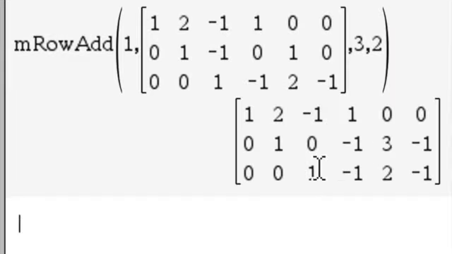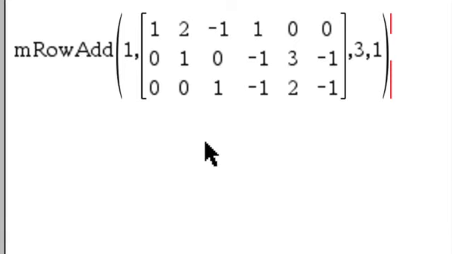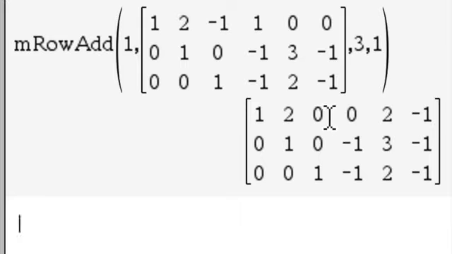As I do that, I get my 0 right there, and now I'm going to go after this one. To clear this one out and make it 0, I'm going to add row 3 and row 1. I'm multiplying row 3 by 1 and adding it to row 1, and that should give me the 0 up here on the top, what I needed.